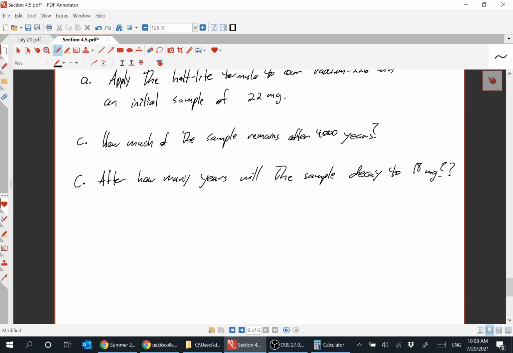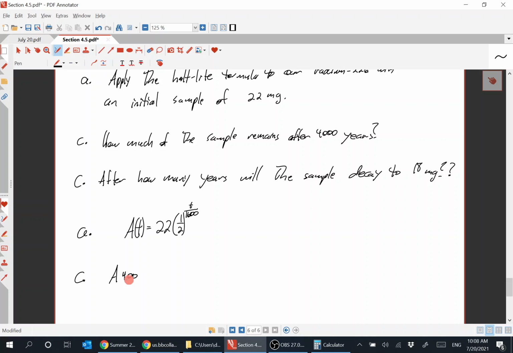Okay, so for part A, the amount after T years is the initial sample of 22 milligrams times the exponential function 1/2 to the T divided by 1,600. That's the half-life formula for our example with the radium-226 and an initial 22 milligram sample. C, how much of the sample remains after 4,000 years?